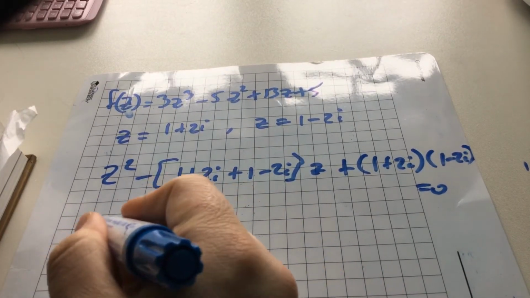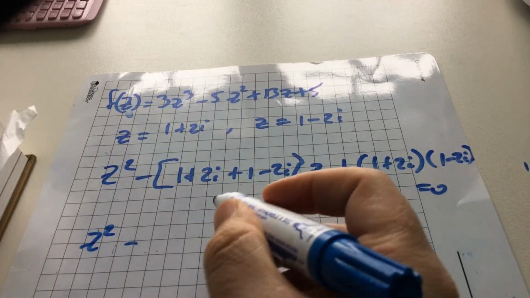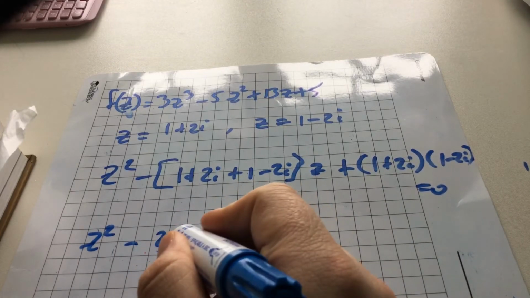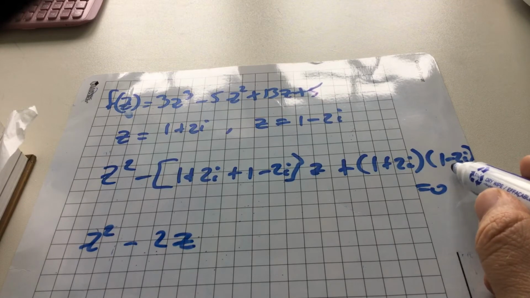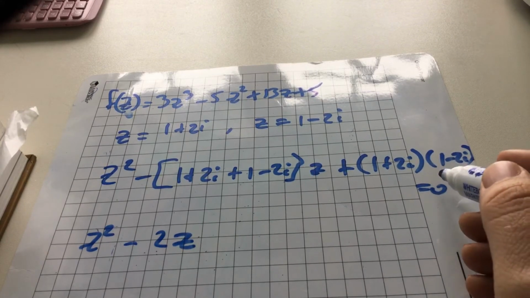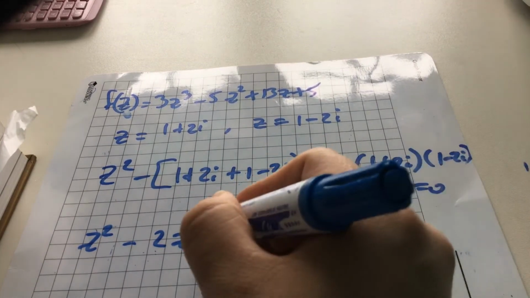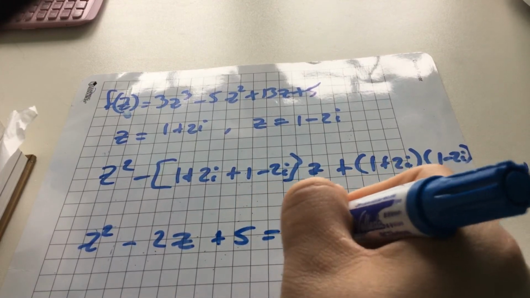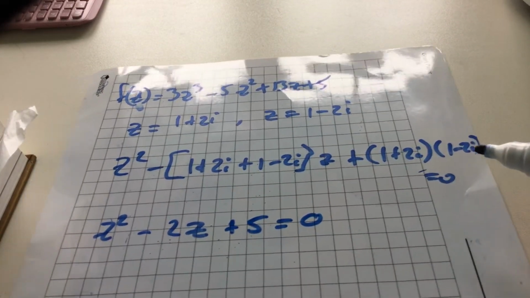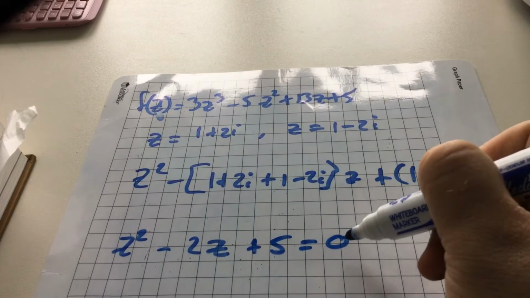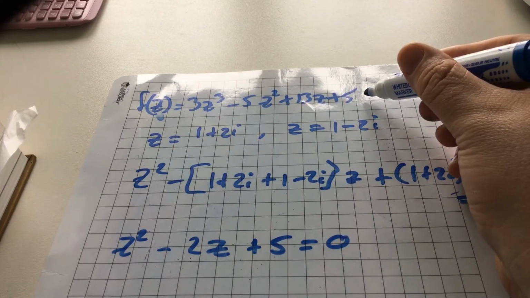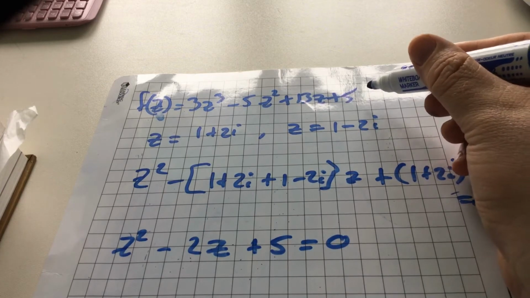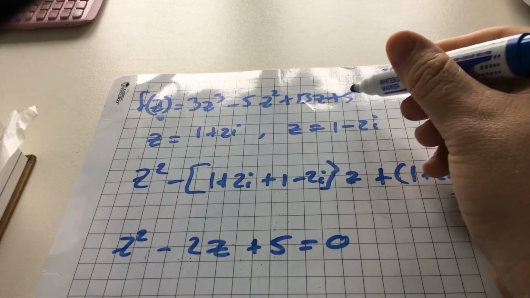So z squared minus 2z, and then 1 by, this is going to become 5, I think. Yes, plus 5 when I multiply that out. So this quadratic is now a factor of this because I formed it with the two roots.